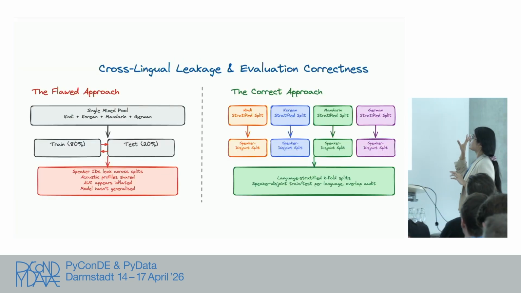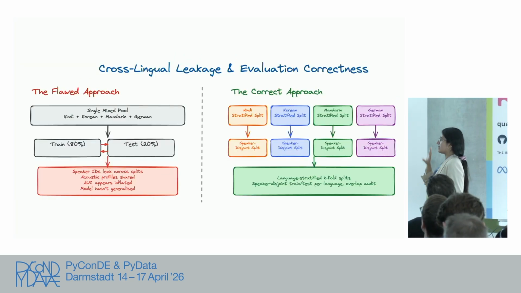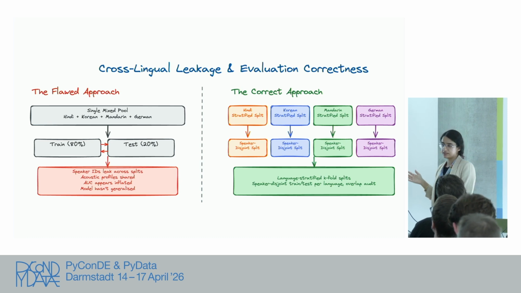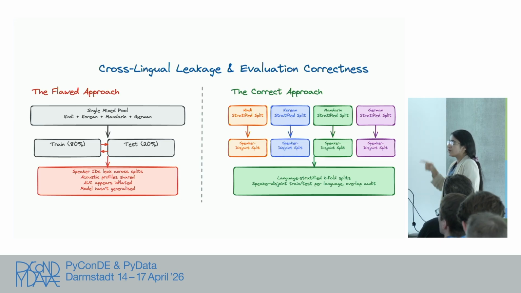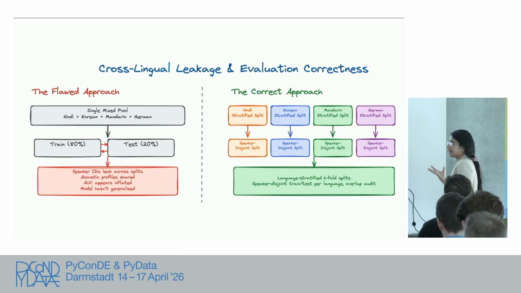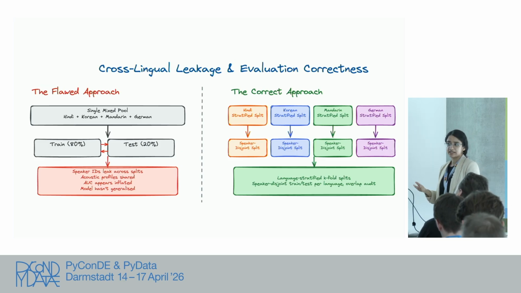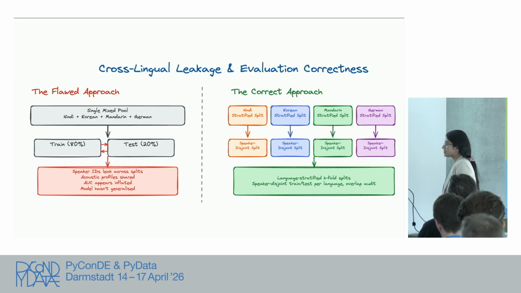So this is the evaluation pipeline, again for cross-lingual, to avoid cross-lingual leakage and data leakage altogether. This flawed approach came after a lot of iterations, once we had built voice eval models. And this correct approach is what we identified after running multiple iterations of the checkpoints of the audio samples and building the ASR pipeline.